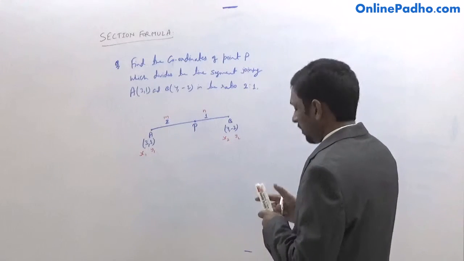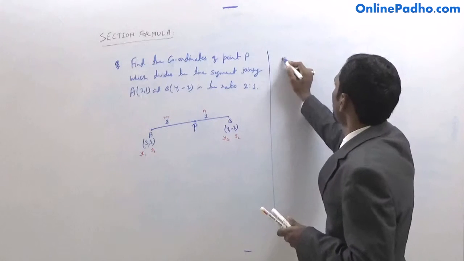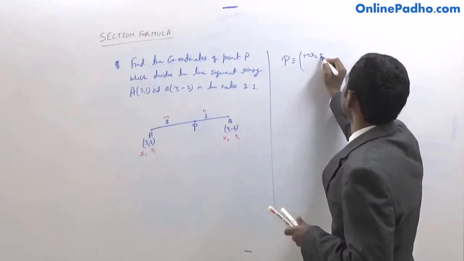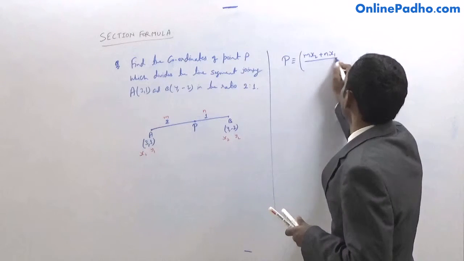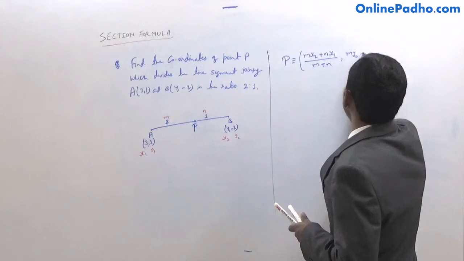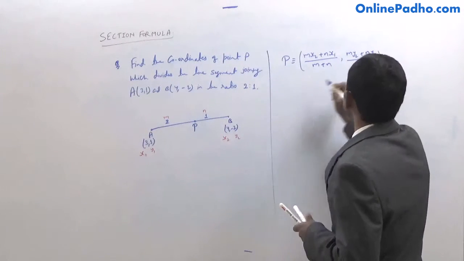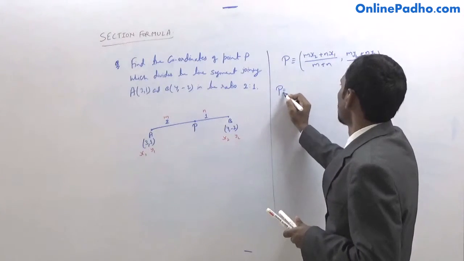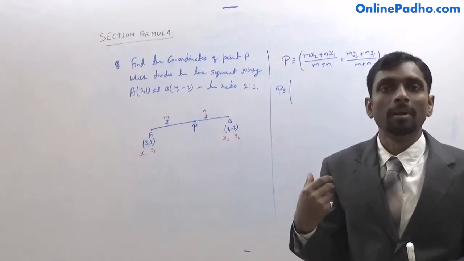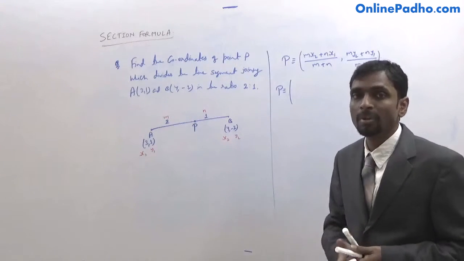We can find the coordinate of point P by the formula: point P equals (mx2 plus nx1) divided by (m plus n), and (my2 plus ny1) divided by (m plus n). No need to remember this formula.